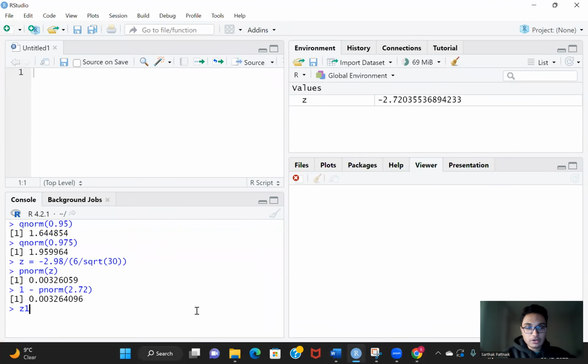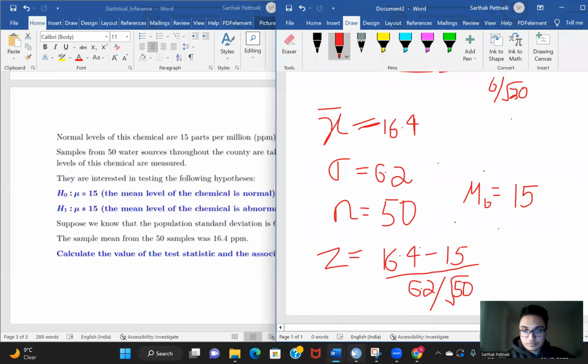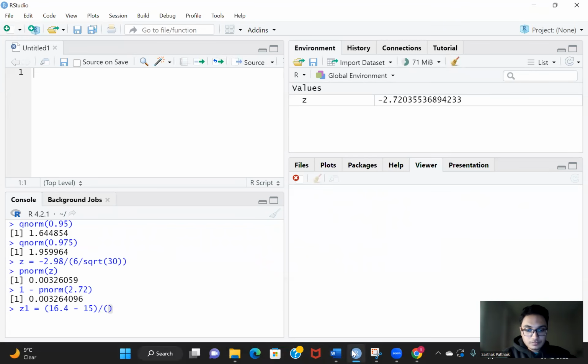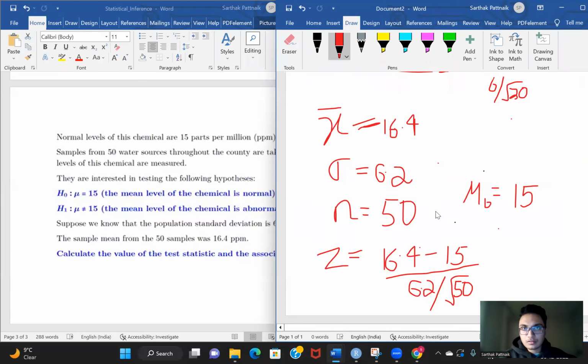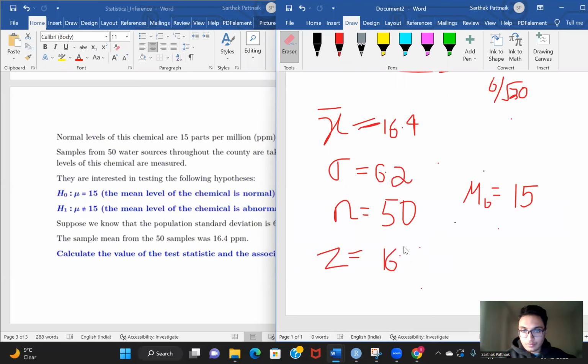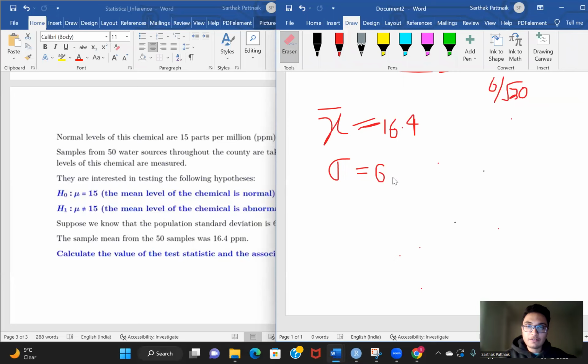We'll go to R and calculate this. We get the z value as 1.596.